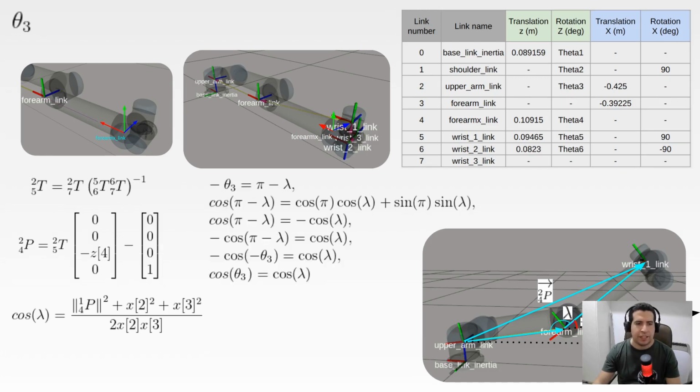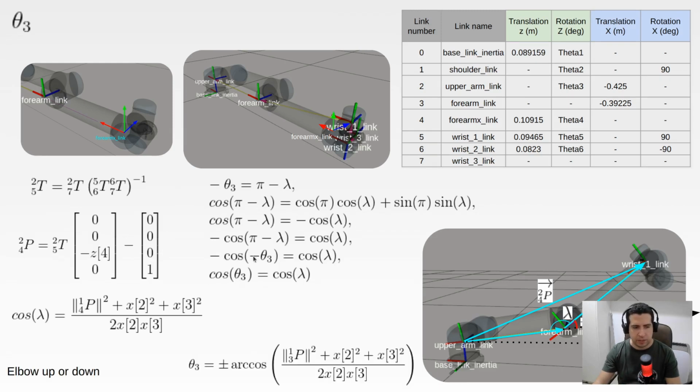Why? Because of this. Just simple math. If you apply some algebraic relationships, you notice that cosine of lambda is equal to the cosine of theta 3.